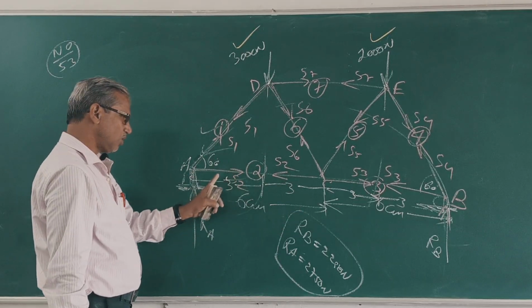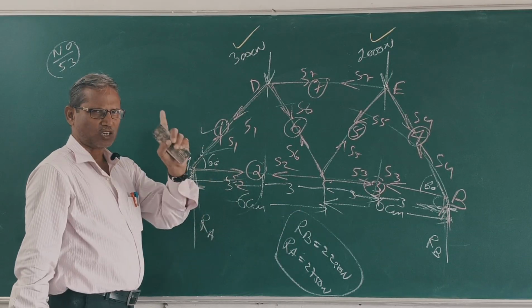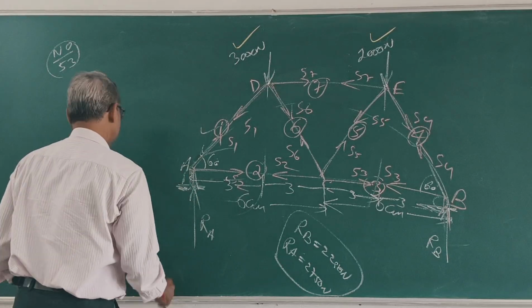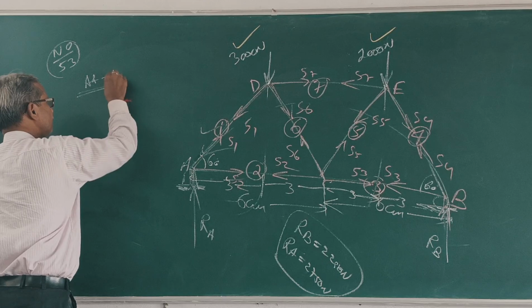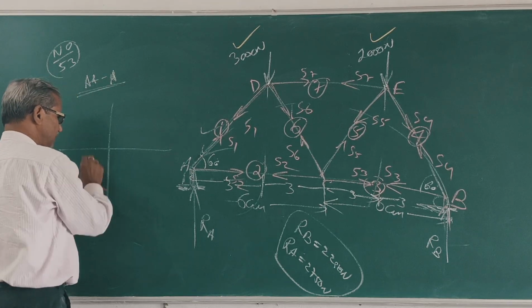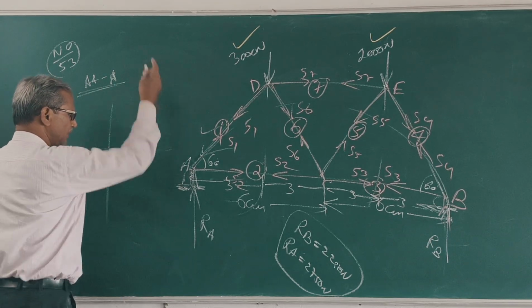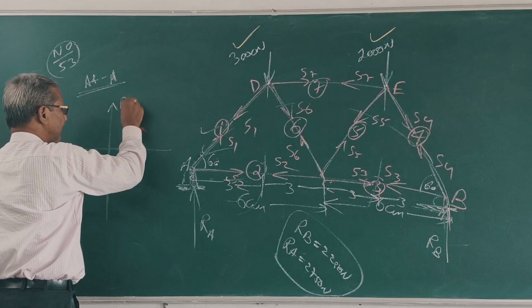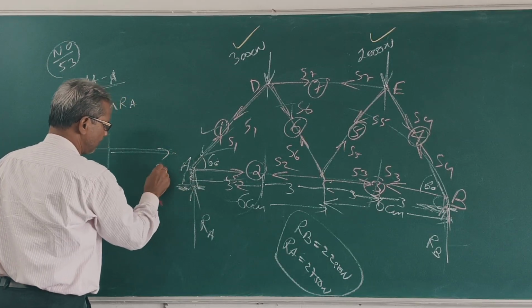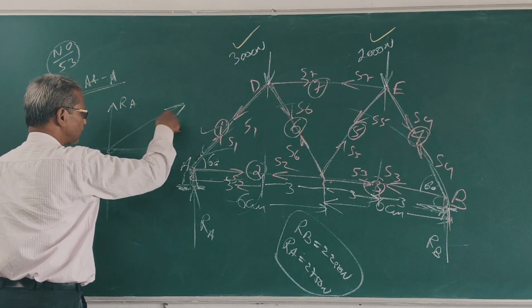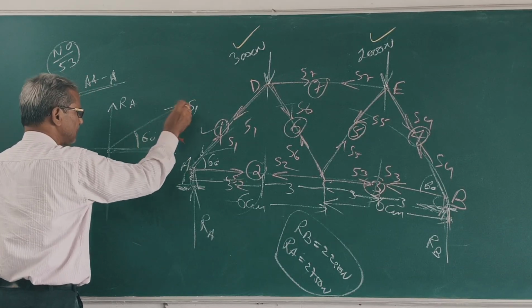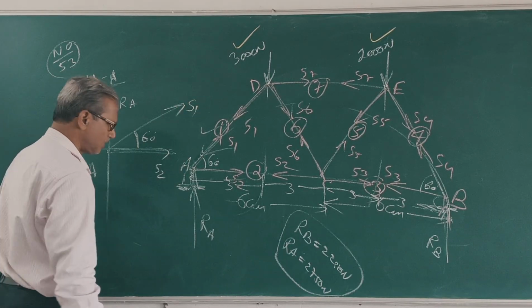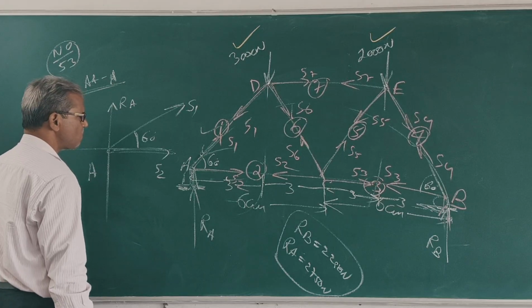So either start from A or start from B. At A, this is point A, this is RA, clear? This is S2, what is this force? S1, angle is 60, clear? What is RA?